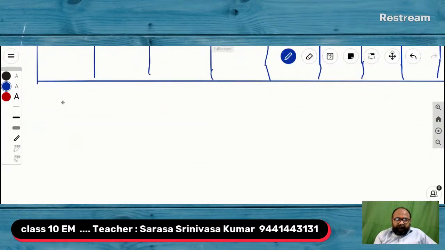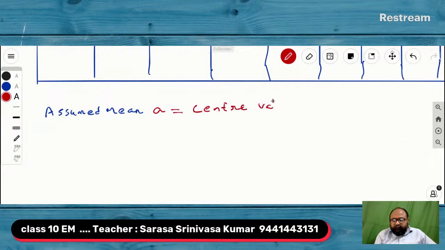Now how to find the assumed mean? Assumed mean is denoted by A. It is the center value of x1, x2, x3, x4, x5, x6, x7.